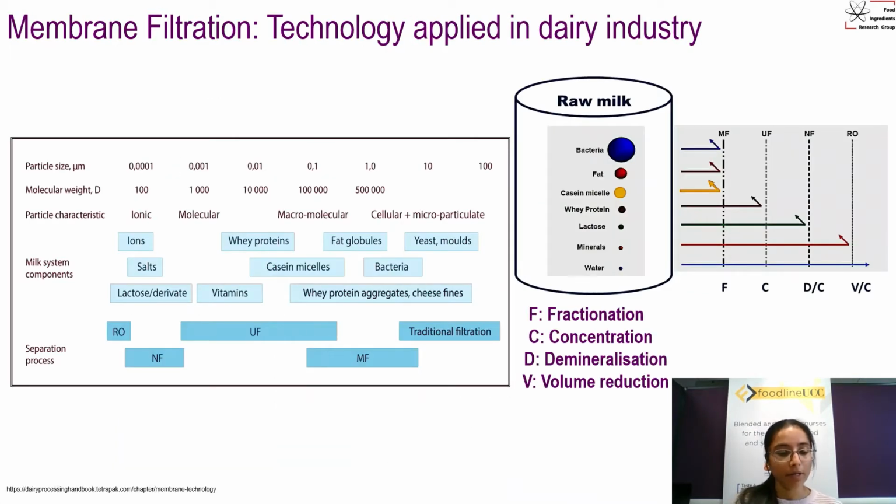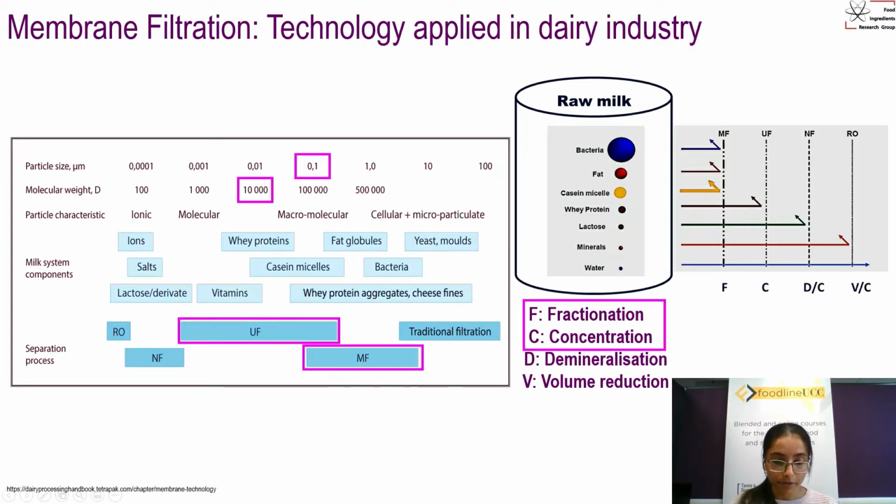Here we see the chart consisting of particle sizes for various milk components and the range of membrane technologies that are applied in the dairy industry. Two of the most common technologies used are microfiltration and ultrafiltration. MF is largely used for fractionation purposes and UF is used for concentration.